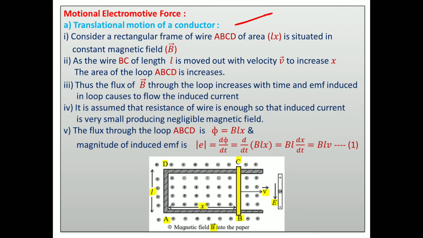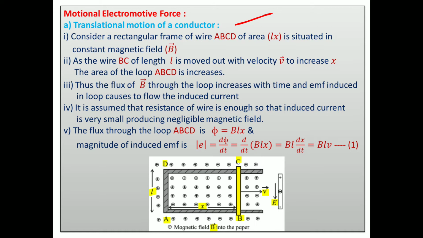And as the area goes on increasing, the flux of the magnetic field through the loop increases with time. We know that according to Faraday's law, as flux goes on increasing because of area, an EMF is induced in the loop.